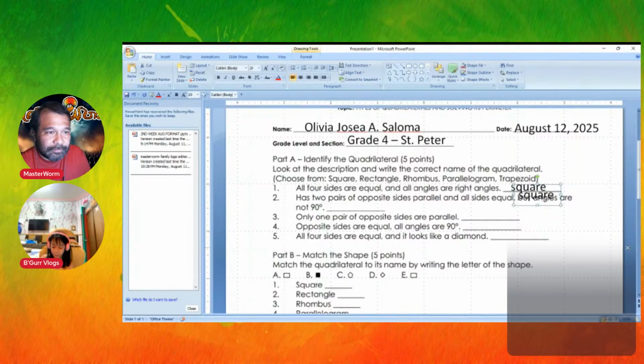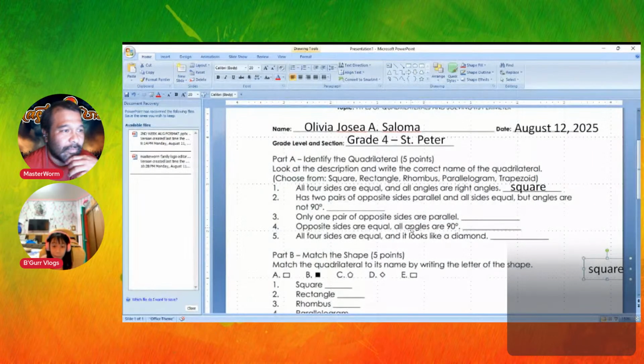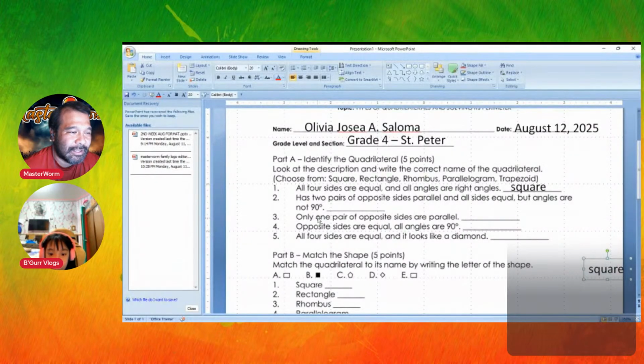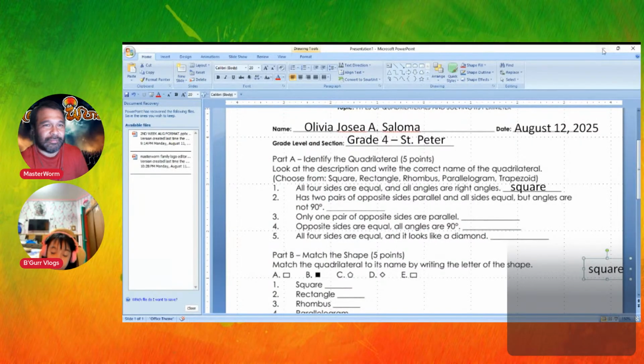Next. Has two pairs of opposite sides parallel and all sides equal, but angles are not 90 degrees. We can answer this straight if you want.